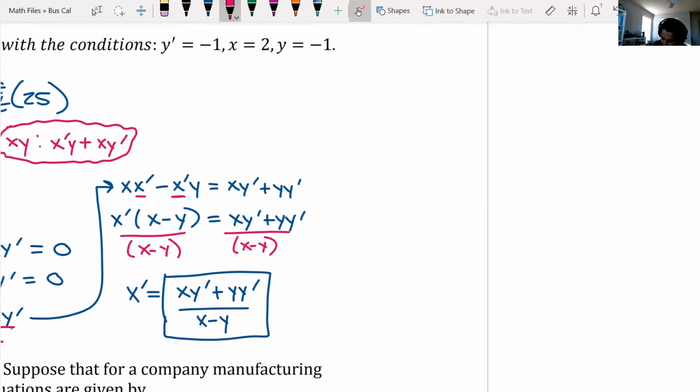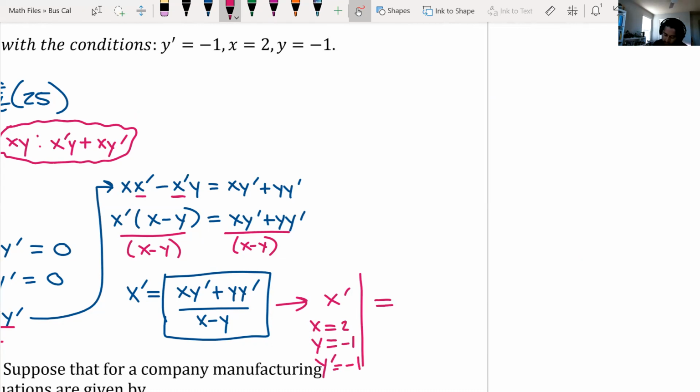So now we're going to say evaluate x prime when x is 2, when y is -1, and y prime equals -1 as well.